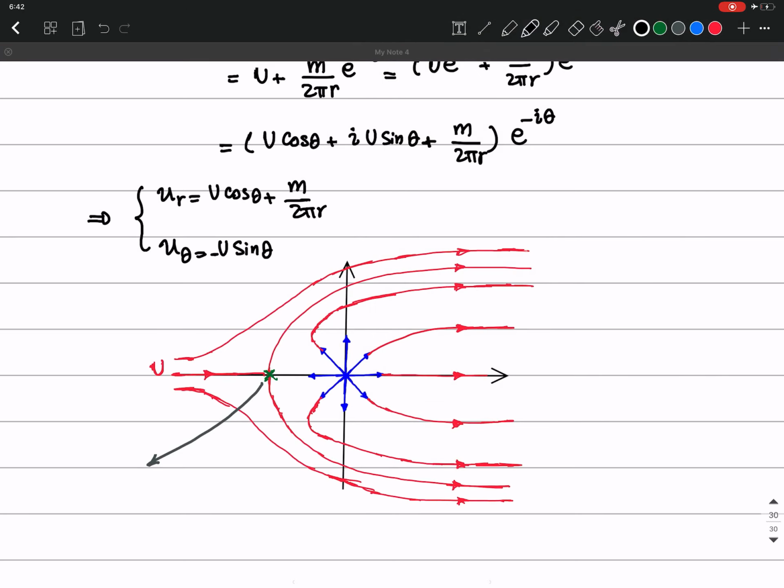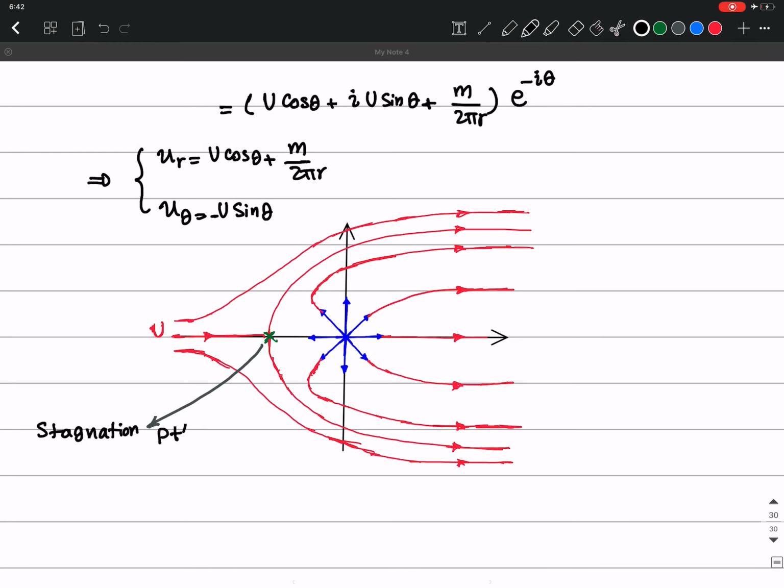So here we call this a stagnation point, because the velocity there is going to be 0, okay? So now, this is x and this is y. I want to find the location of this stagnation point, and we can find it based on these derivations that we had. So we want to see what is this location, what is the distance.